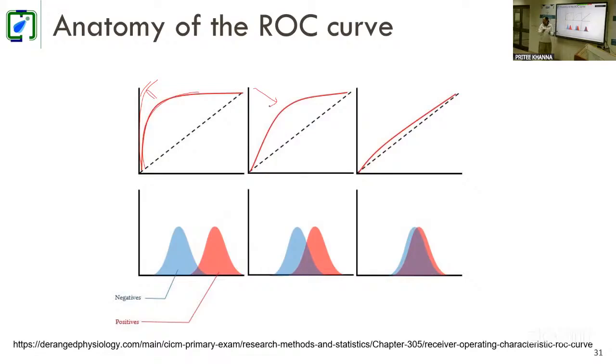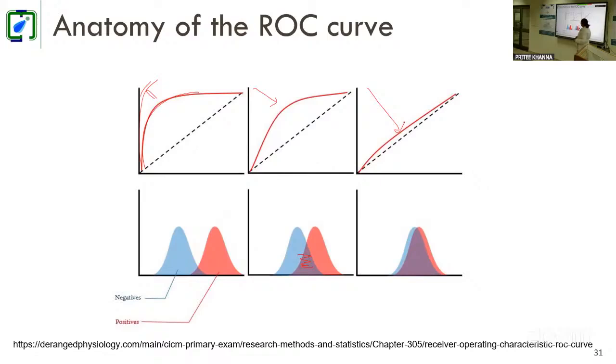When you move to the opposite end, the overlapping increases. So you can understand the anatomy of the area under the curve for the different versions. As the curve moves further here, it gets worse.